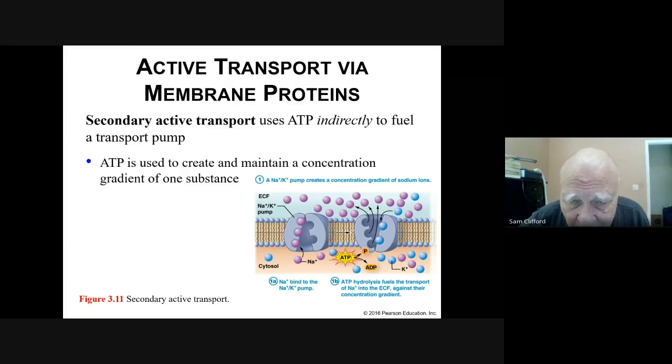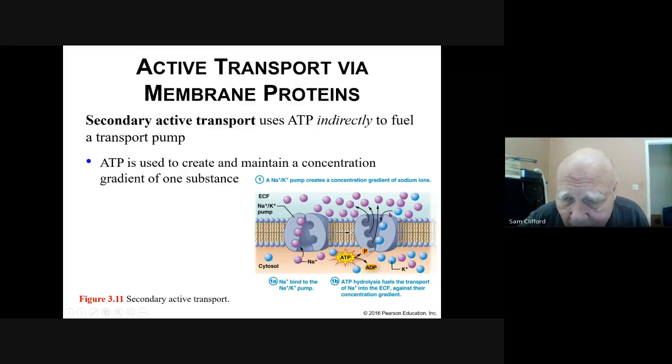So ATP is used to provide energy. So you can see the sodium is pumped out, potassium is pumped in. There's a high concentration of sodium outside the cell. So it takes energy to pump from a low concentration of sodium to a high.